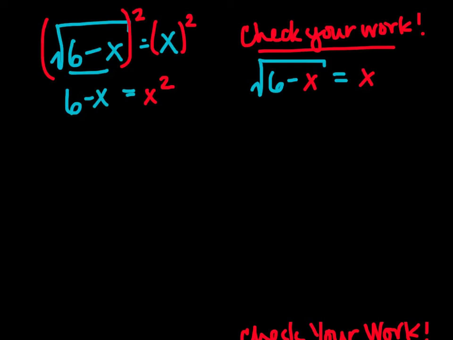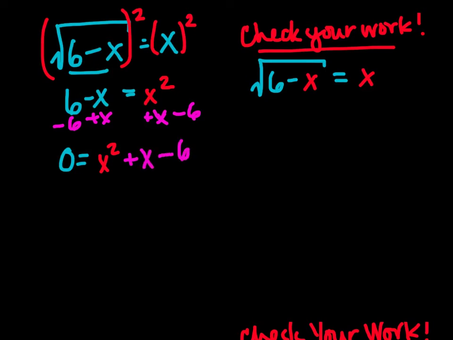Now in all reality we have a quadratic equation. So let's add x, and subtract 6 from both sides, and we'll end up getting 0 is equal to x squared plus x minus 6.